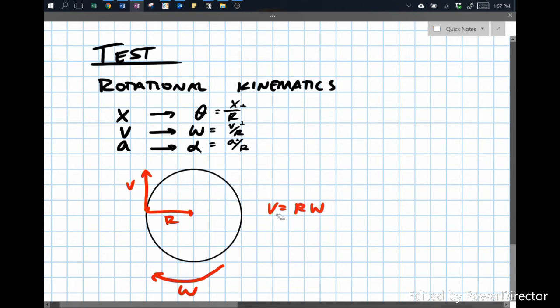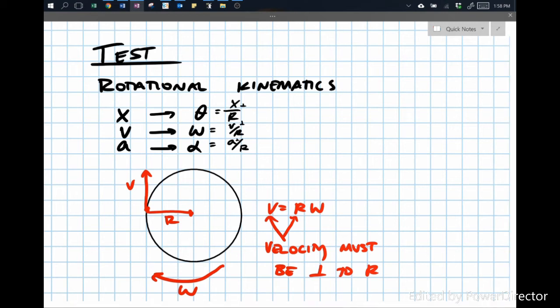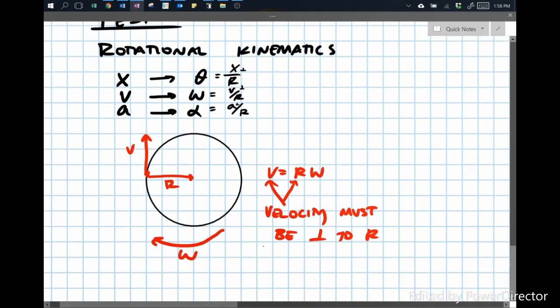But in this case, the velocity must be perpendicular to the radius. By definition, it has to be. And the same goes for all of those quantities. The velocity, the position, and the acceleration are all perpendicular to the radius.